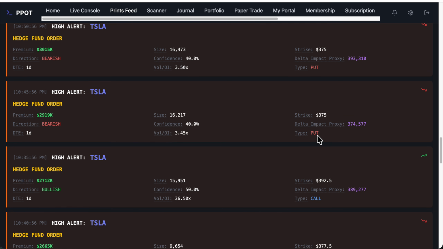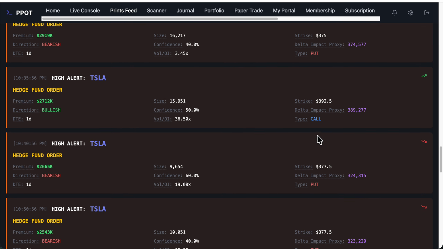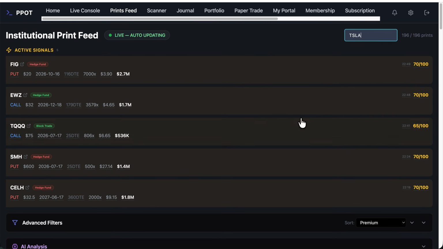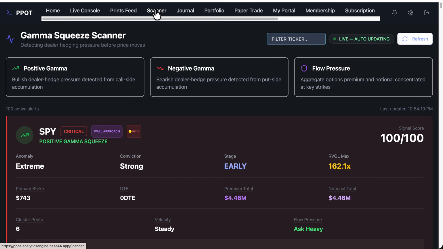Like there's some massive smart money coming in here. And it's literally telling you what to trade and how to trade. I come over here to the scanner. Like I go through this process every single day with this AI engine. And that's how I find the trades to trade.